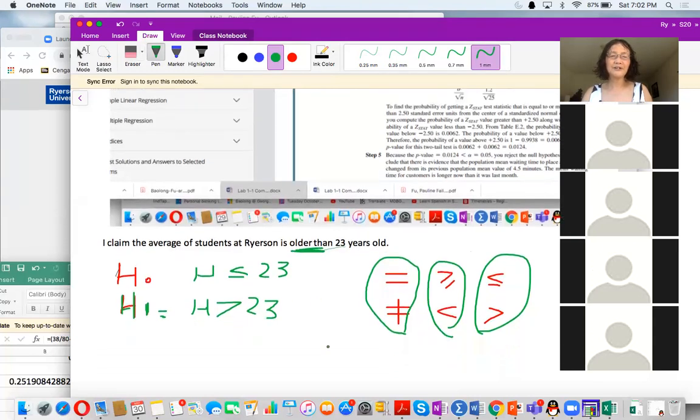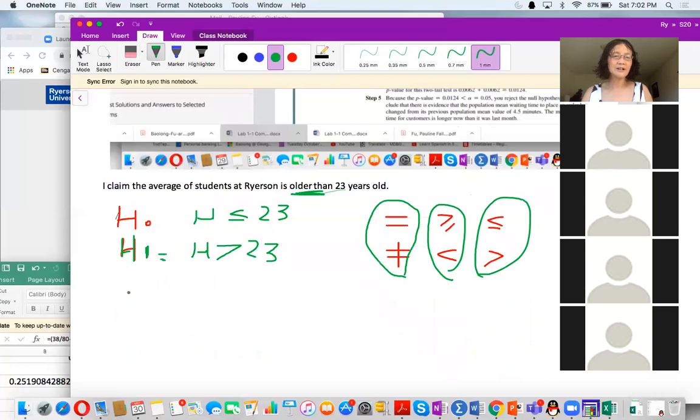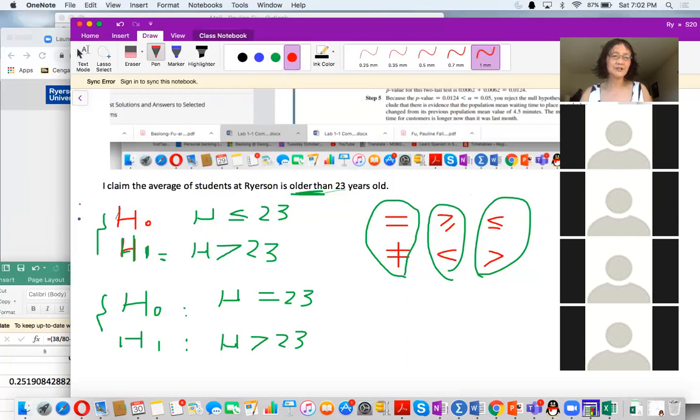This is a possible combination. Some textbooks always consider H0 as equal, so they write H1: mu greater than 23 and H0: mu equal to 23. It is still correct. This and this are both correct.